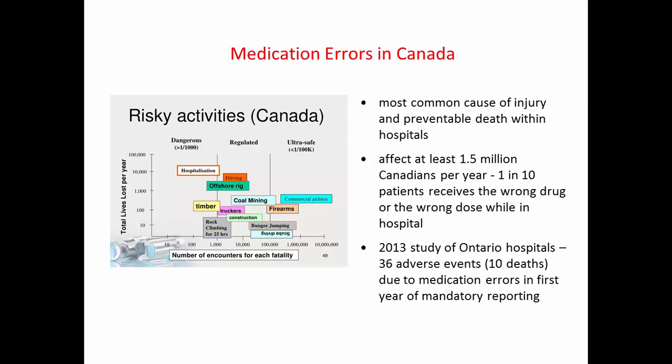This little chart here also shows you different types of activities and which are dangerous, and certainly being in the hospital is one of the most dangerous places in terms of losing your life.